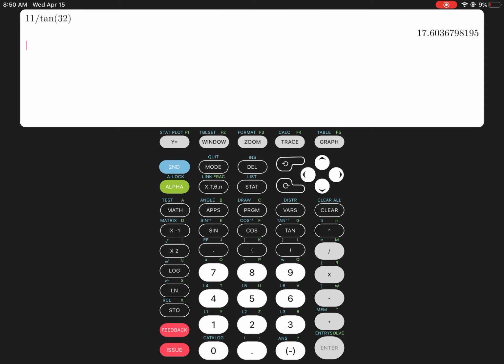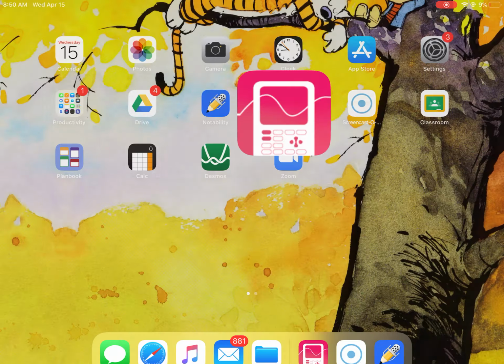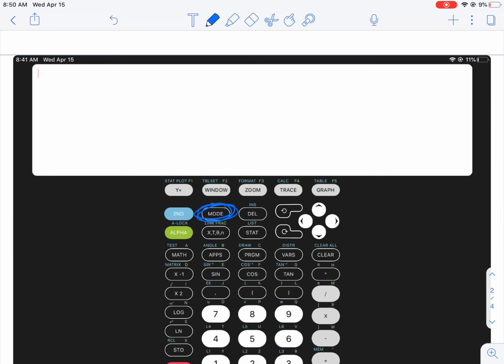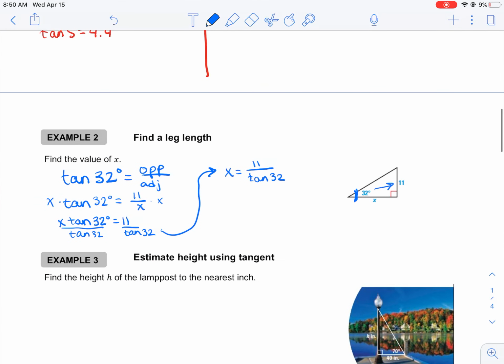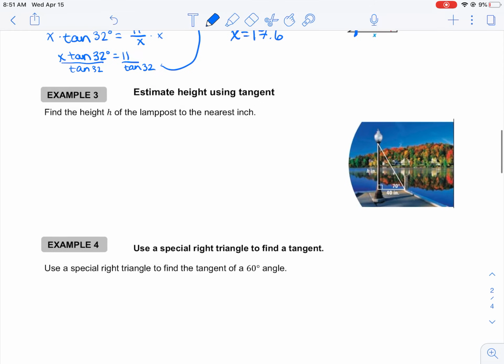So you type tangent and then 32, because that's your degree, and hit enter. And it gives you this decimal, 17.6. So 17.6 is what x equals. So that's how we're going to use it with an actual degree.